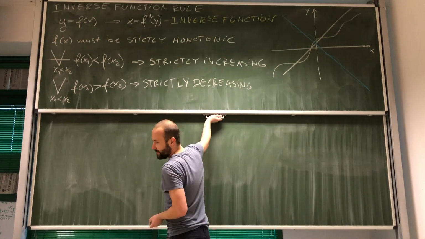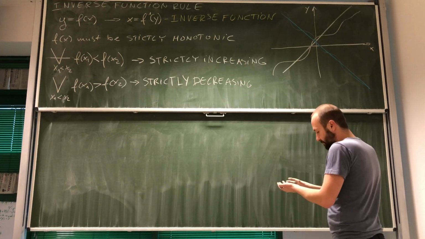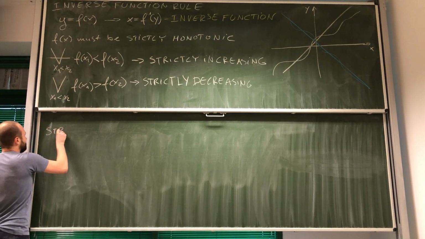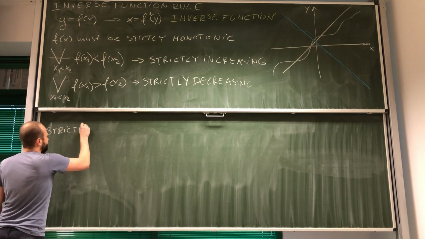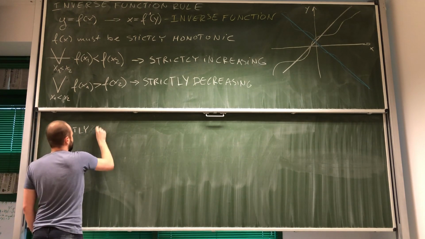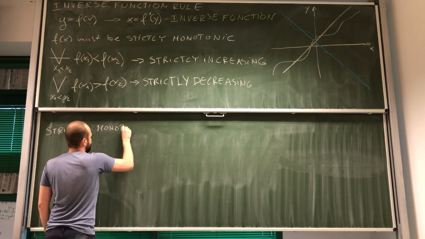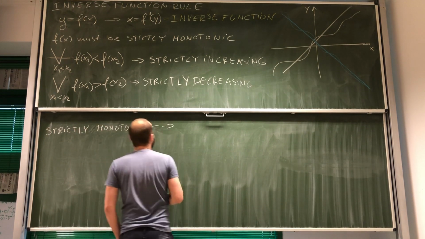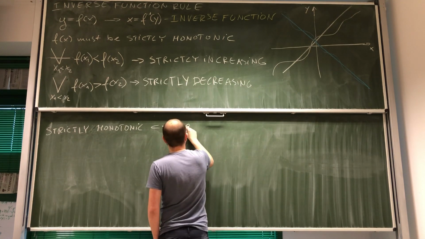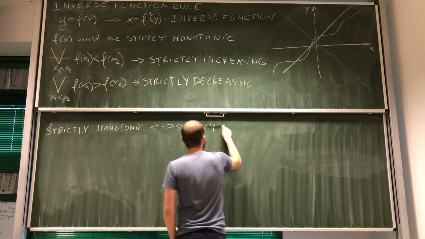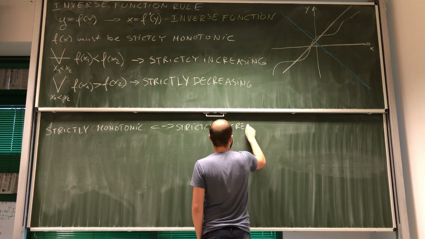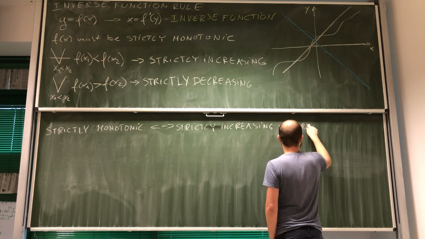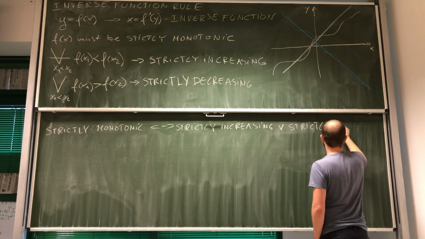A function that is strictly monotonic is a function that is either strictly increasing or strictly decreasing.